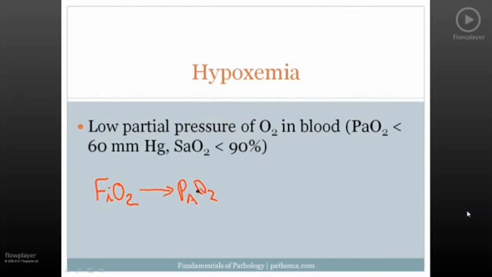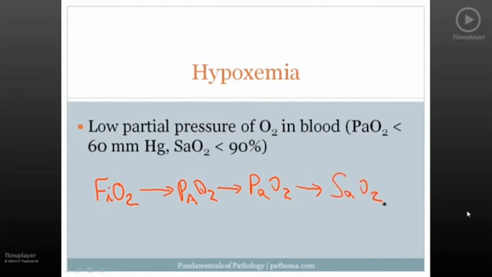Now that PAO2 squeezes oxygen, that pressure is used to squeeze oxygen across the interstitium and into the capillaries, which then creates a PaO2, which is the partial pressure of oxygen within the arterioles. And then that PaO2, its goal is to squeeze oxygen across the red blood cell membrane to load oxygen onto hemoglobin, creating an SaO2.